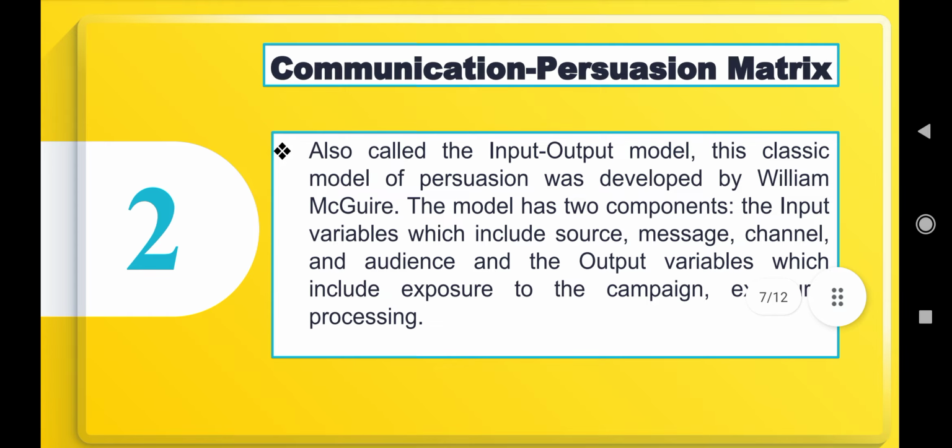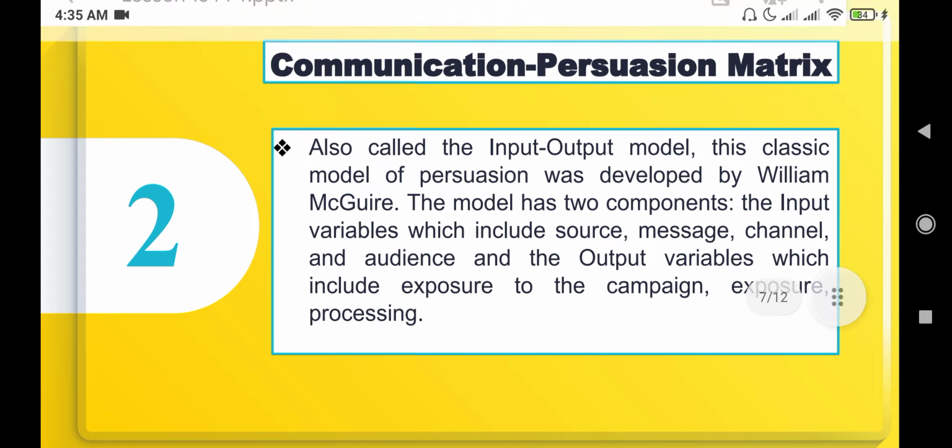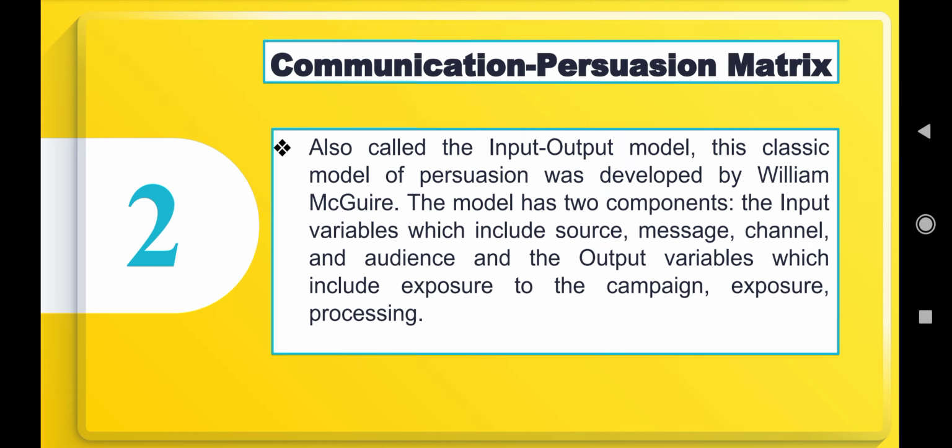The communication persuasion matrix, also called the input and output model, is a classic model of persuasion developed by William McGuire. The model has two components: the input variables, which include source, message, channel, and audience, and the output variables, which include exposure to the campaign and exposure processing.